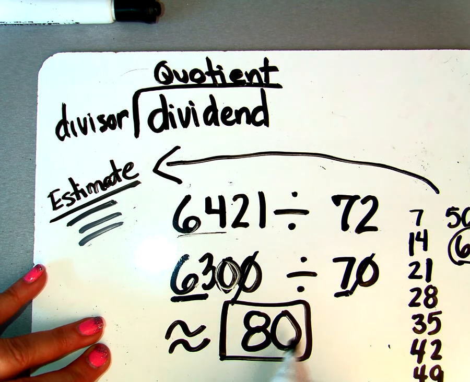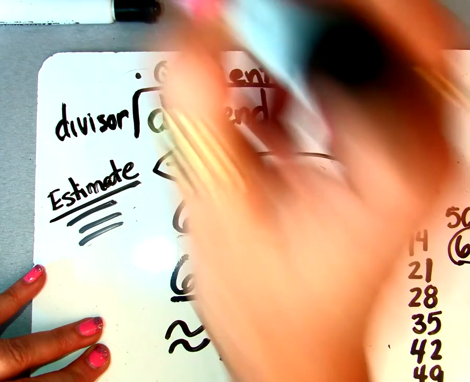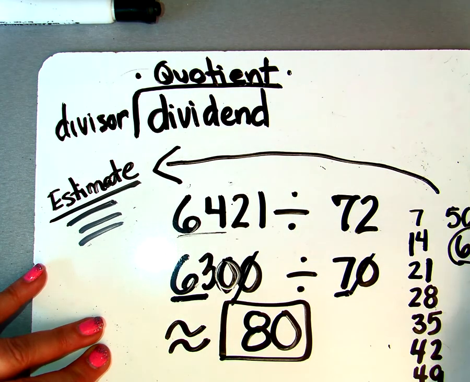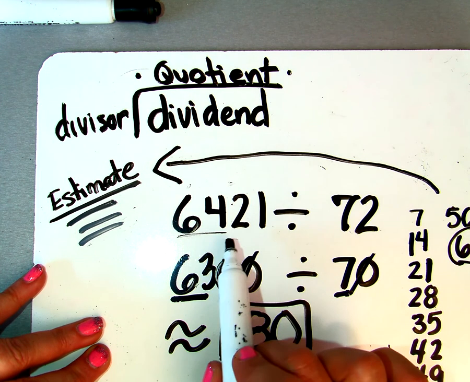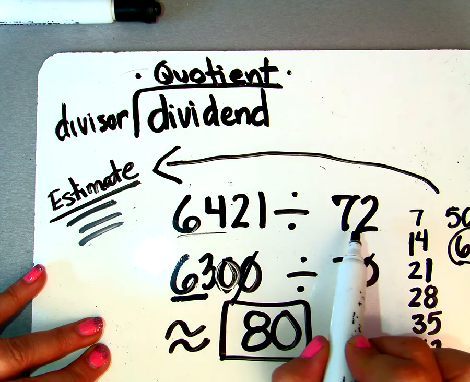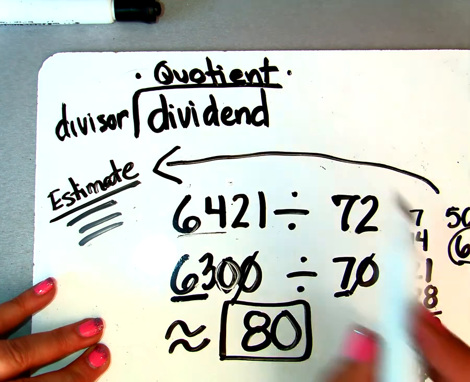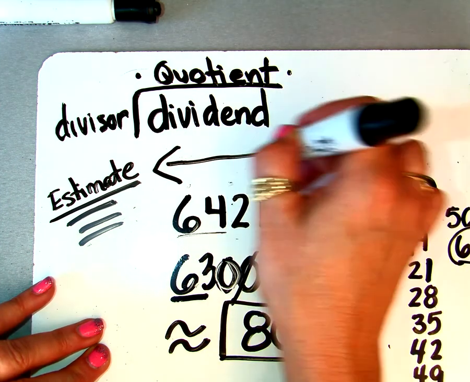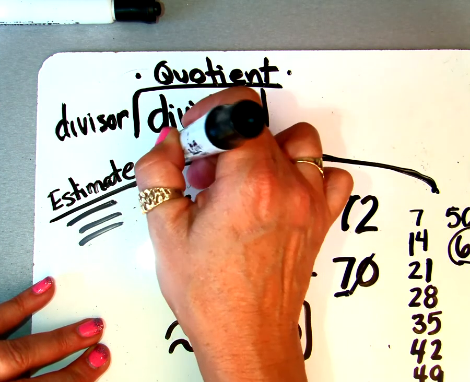And the quotient is my answer. I don't have a good silly riddle for that one. Quotient is my answer. Dividend, divisor. I'm dividing by that, and I get a quotient. And if it's close enough, I've done an estimate.